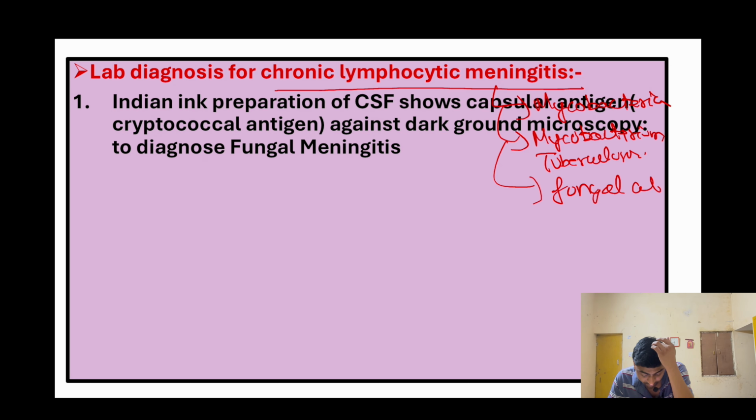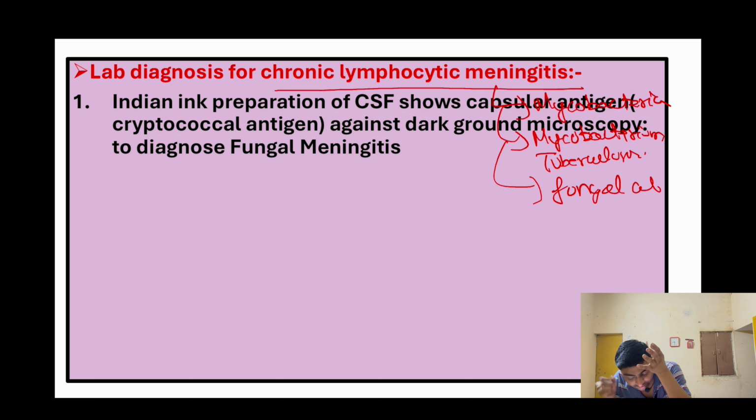So for the lab diagnosis of chronic lymphocytic meningitis, the Indian ink preparation of CSF shows capsular antigens, which are also known as cryptococcal antigen, against dark ground microscopy to diagnose fungal meningitis.